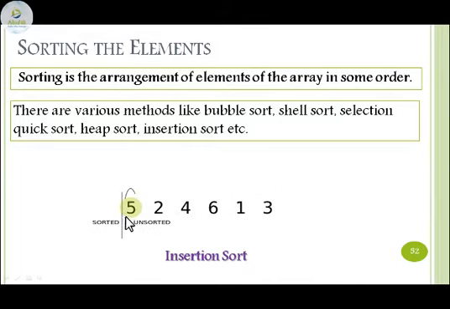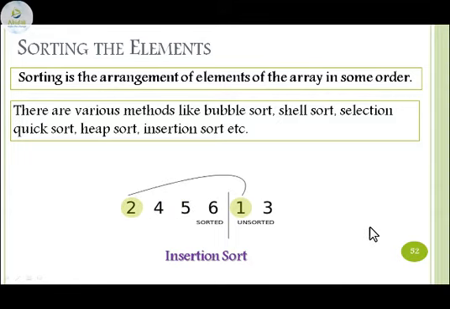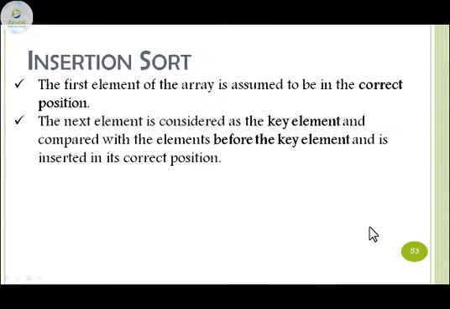The first element is assumed as sorted, and the first unsorted element will be taken and arranged in its proper position. Next, the unsorted part's first element is arranged in its proper position, and so on. So the sorted part is going to increase. At the end, all the elements will be sorted.